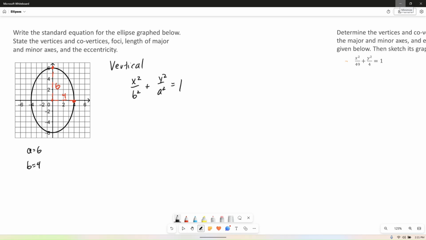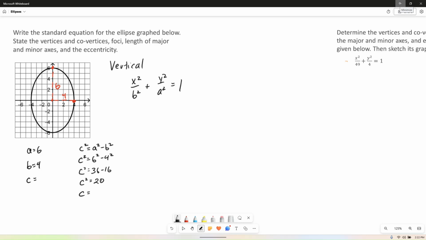So we know a and we know b, and I then need to find c. We had this little equation that connected a, b, and c: c squared is equal to a squared minus b squared. If we plug our values for a and b into this equation, we can figure out what c is. c squared is 6 squared minus 4 squared, which is 36 minus 16, so c squared is equal to 20.